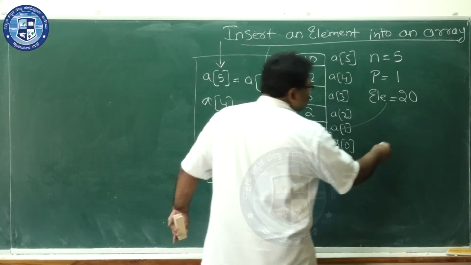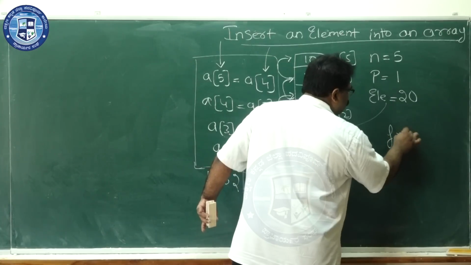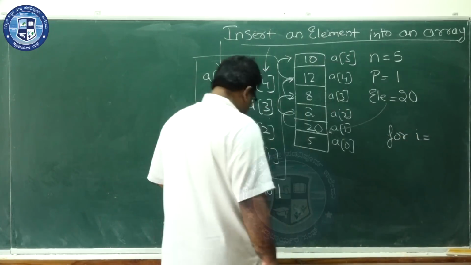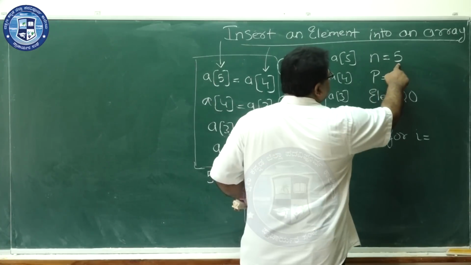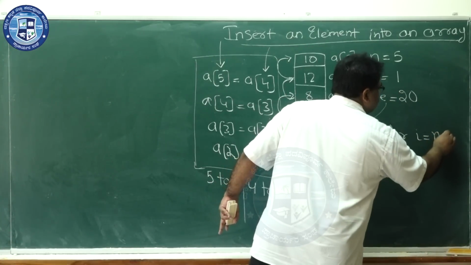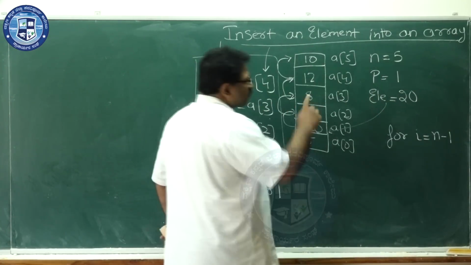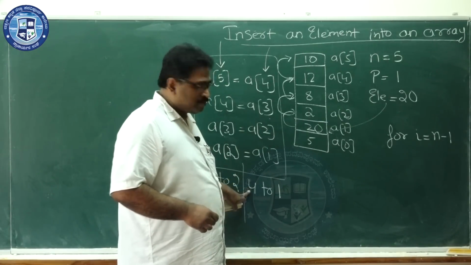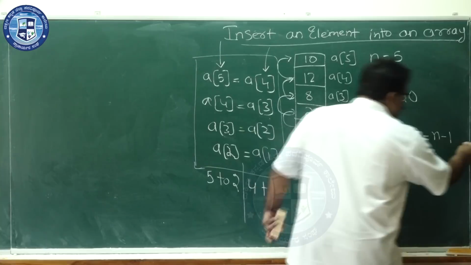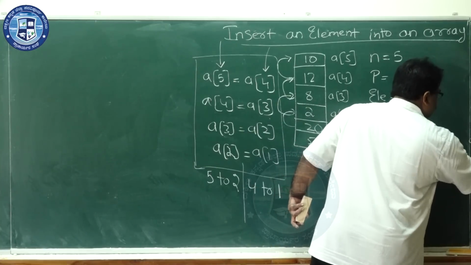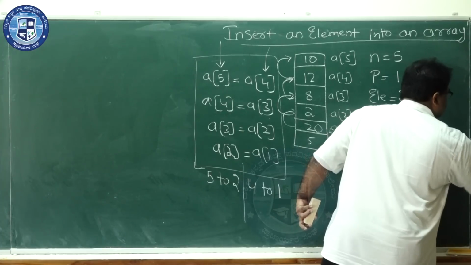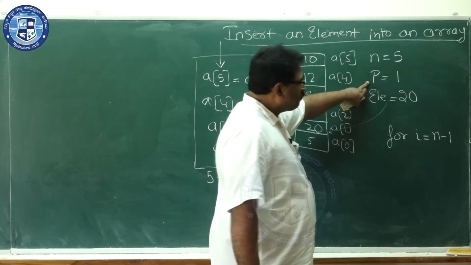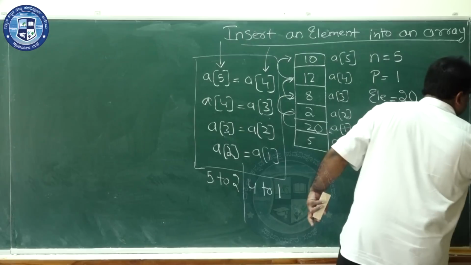So I can say here, for I equals, how can I get 4? N minus 1. What is the value of n? 5. 5 minus 1, that is 4, right? Down to 1, where you have stored 1 in P, down to P.